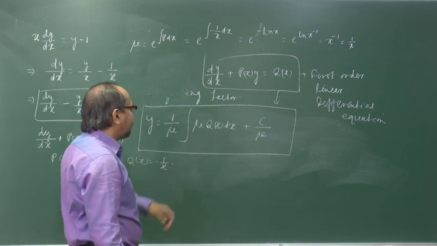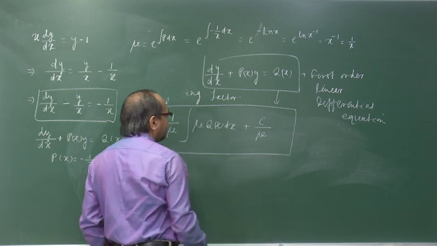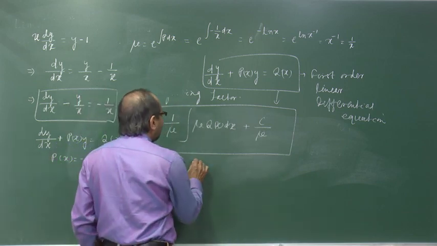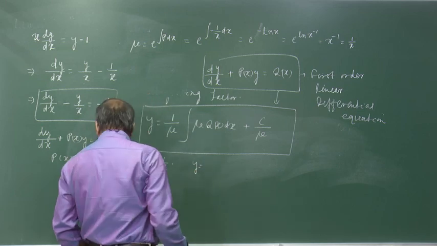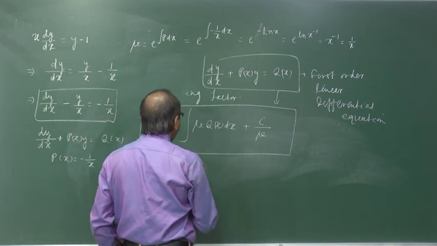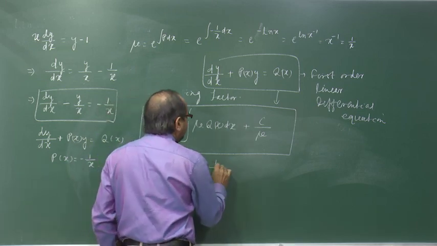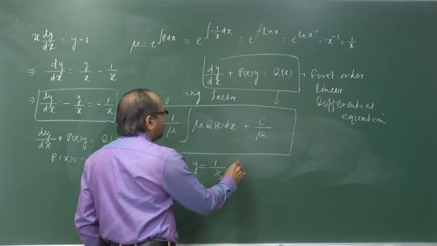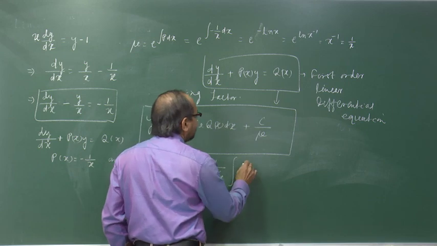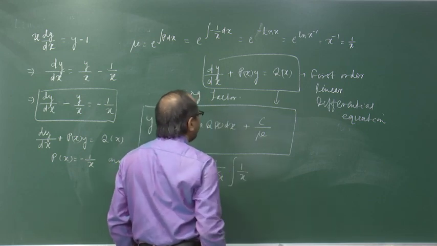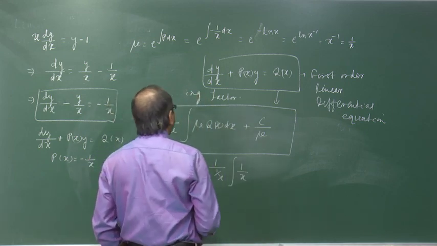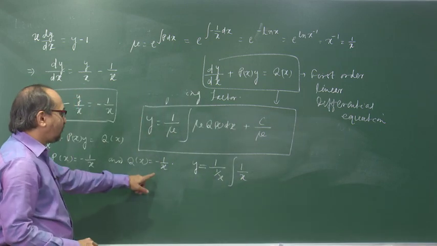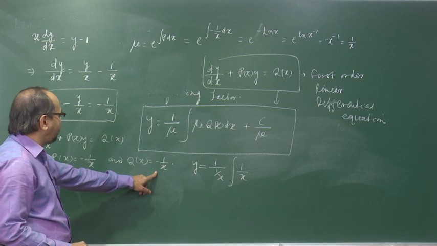So, what will be the general solution? This is the general solution. Let us put here the value of mu. So, we obtain y = 1/mu, that is 1/x, into integration of mu, that is 1/x, into Q(x). What is Q(x) here in this equation? Q(x) is minus 1/x also.